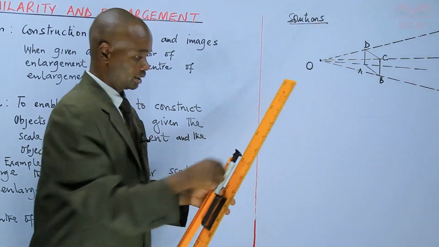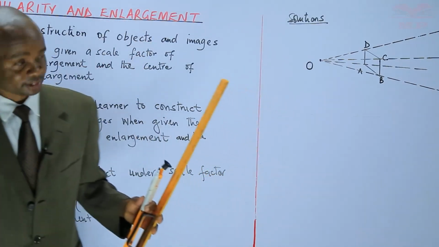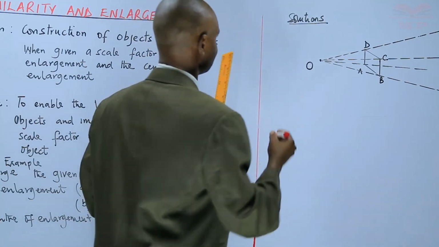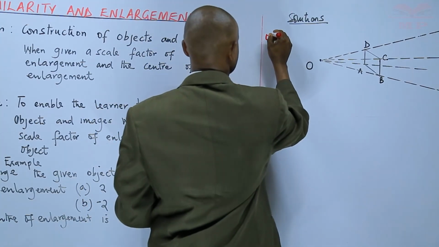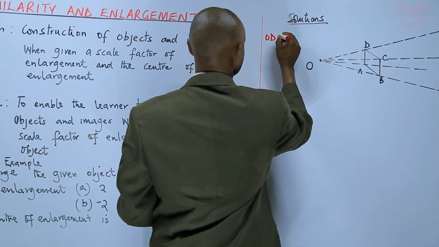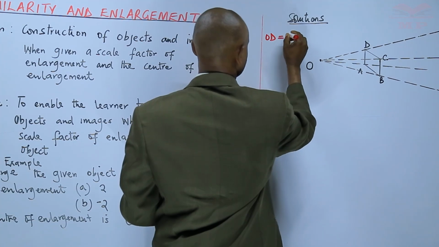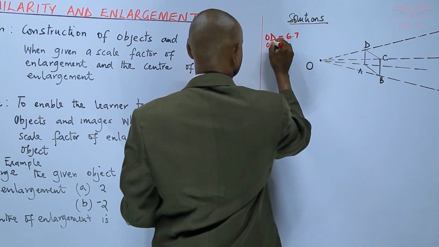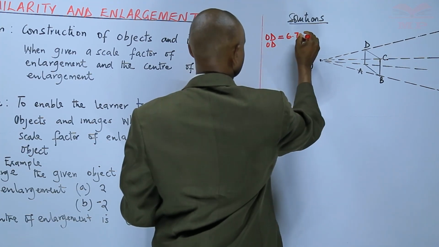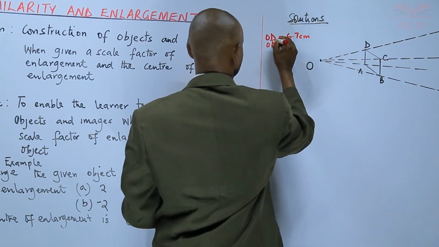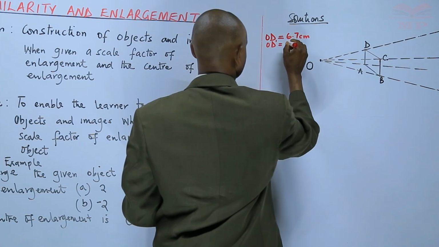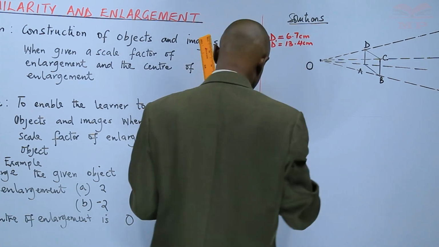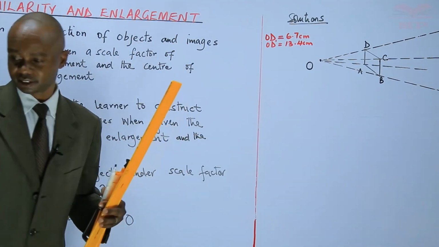You can just note OD, if it is, let's say, 6.7, OD prime, let's say I'm using centimeters, OD prime will be 13.4 centimeters.